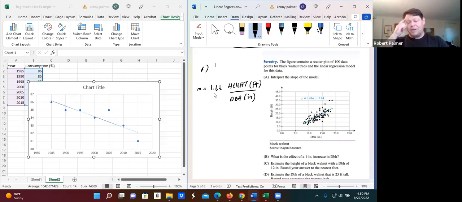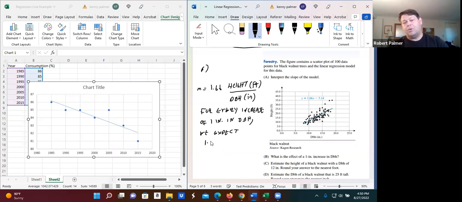Okay, so basically the interpretation, what it means is for every increase of 1 inch in DBH, this diameter at breast height, we expect a 1.66 feet increase in height. Okay, so that's what the slope means.